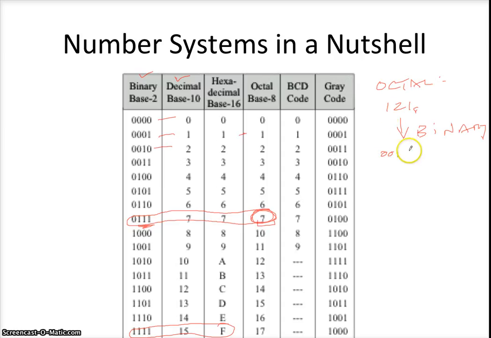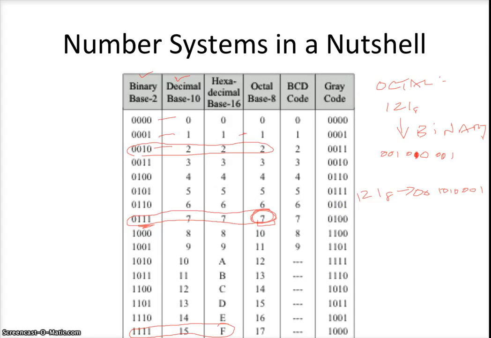And then the second symbol is 2, so it's 0, 1, 0, because 0, 1, 0 is the number 2 here in octal. And then 1 again is 0, 0, 1. So 121 in octal is the same thing as 0, 0, 1, 0, 1, 0, 0, 0, 1 in binary. All right, great.